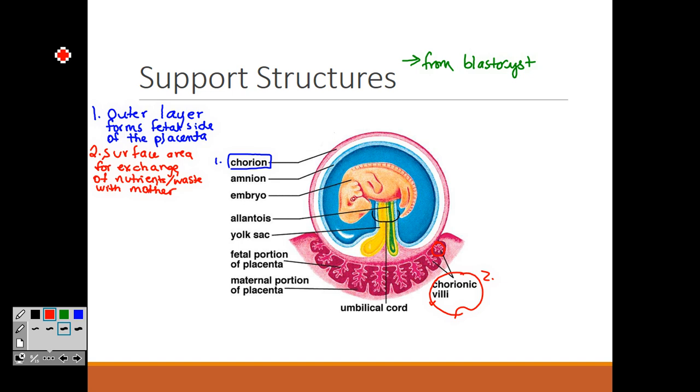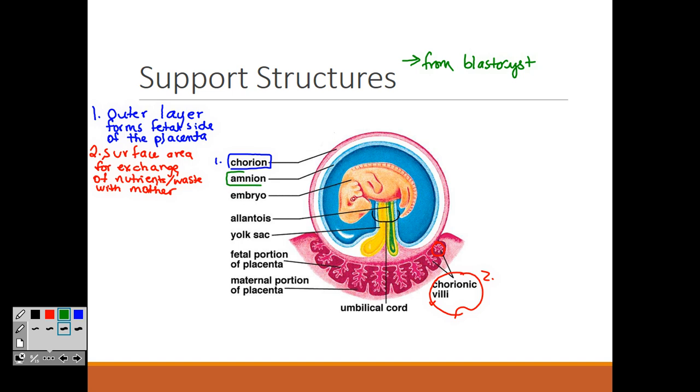So just like the villi in your intestines help your digestive system exchange things with your blood, the chorionic villi help the mother exchange things with the baby. Now, does anyone want to ask anything about the chorion or the chorionic villi? Okay.